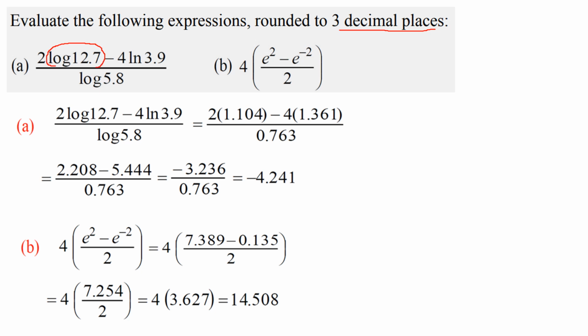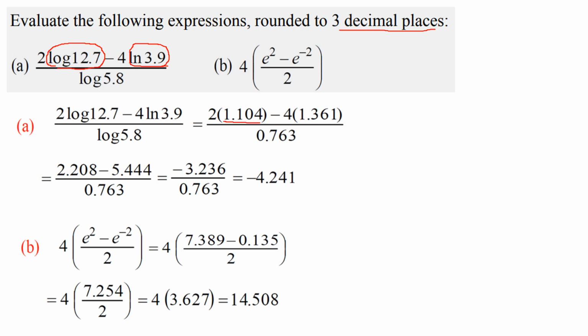You have to find the value of log of 12.7 by calculator. So that gives you 1.104. Then you need to find this natural log of 3.9. So that gives you 1.361. Okay, then you multiply the numbers.